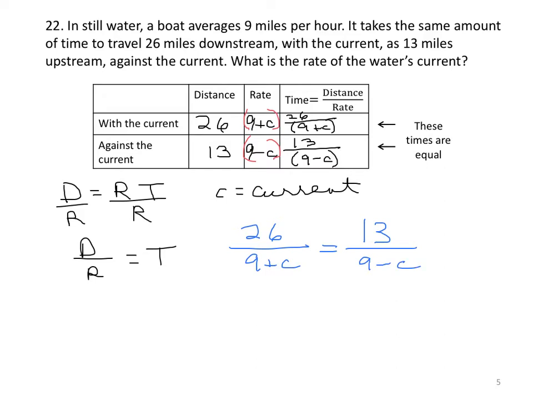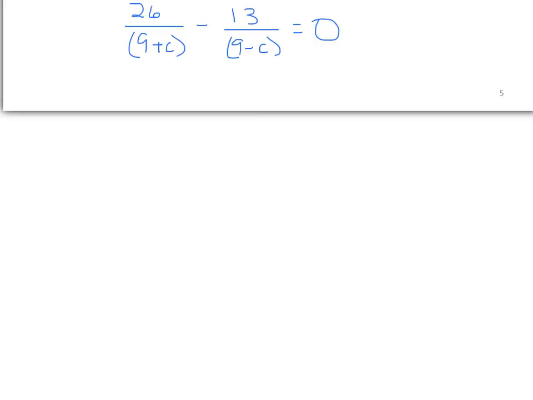So now you have an equation you're used to solving. You can subtract from both sides the 13 over (9 minus c). So you have 26 over (9 plus c) minus 13 over (9 minus c) equals 0. The least common denominator is going to be (9 plus c) times (9 minus c).